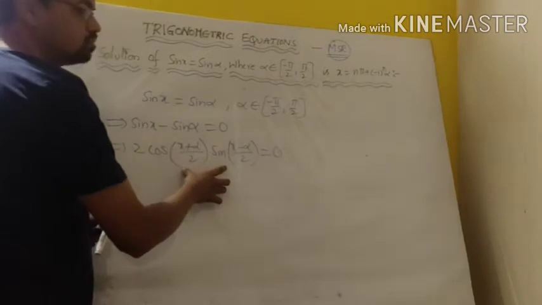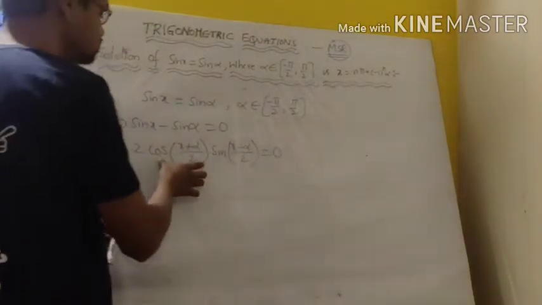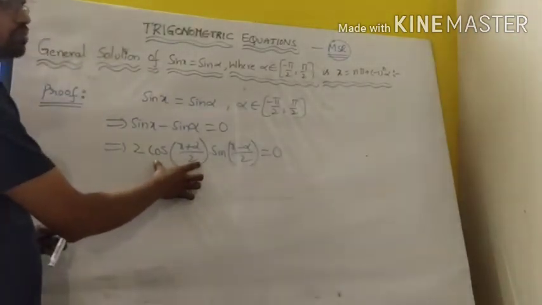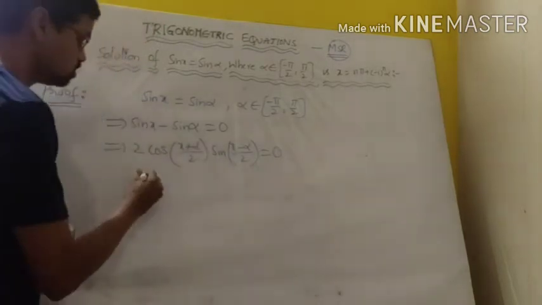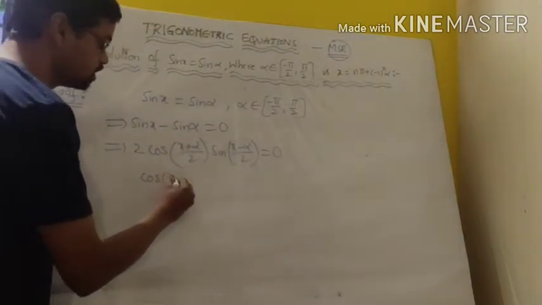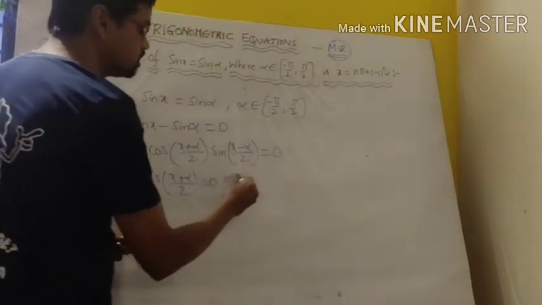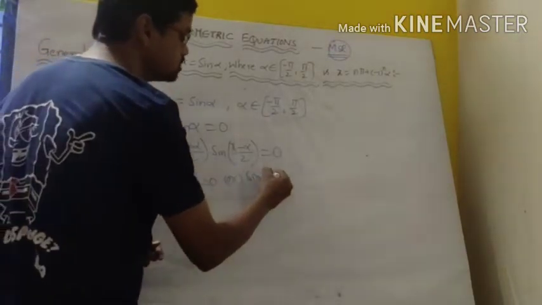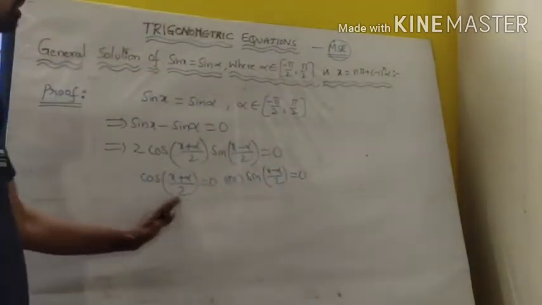When the product of two quantities equals 0, either of the quantities will be 0. That means cos of x plus alpha by 2 equals 0 or sin of x minus alpha by 2 equals 0.